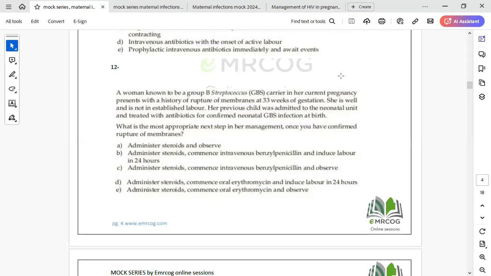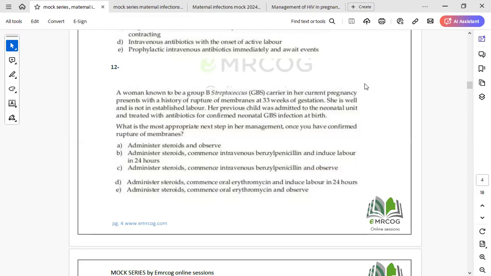But we are not going to induce her, because here, when we weigh the prematurity versus the GBS infection, prematurity wins. This is according to our guideline.